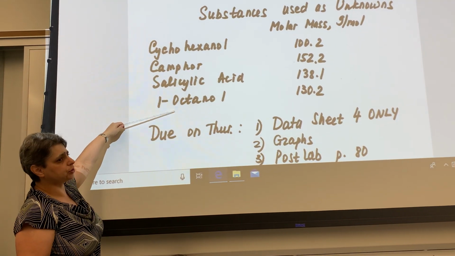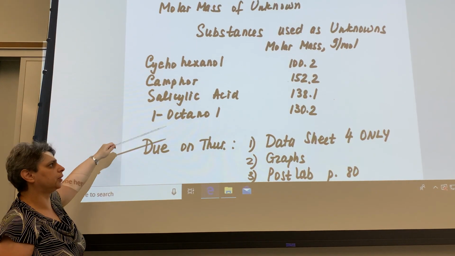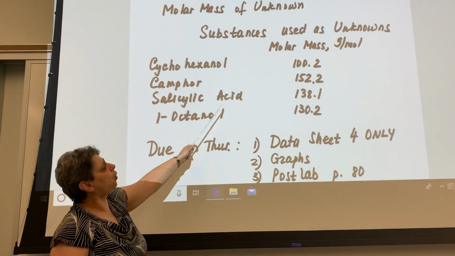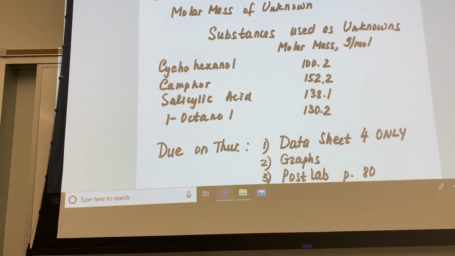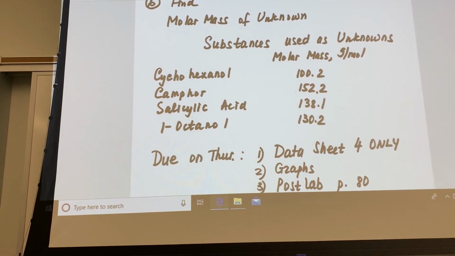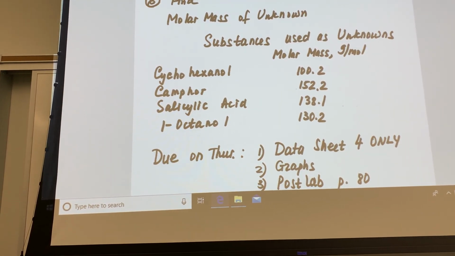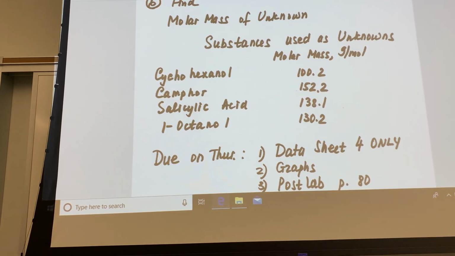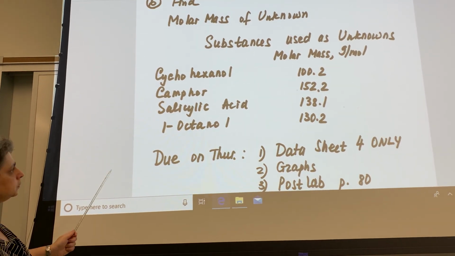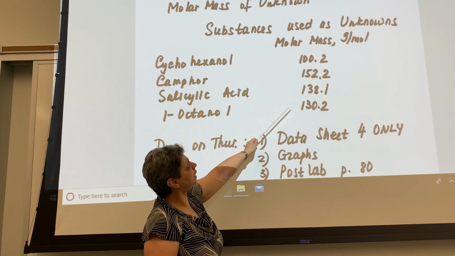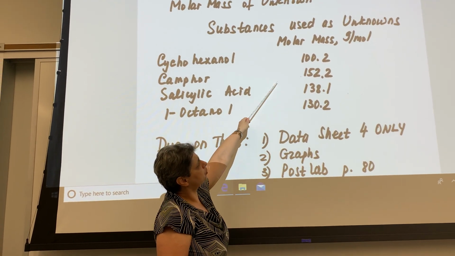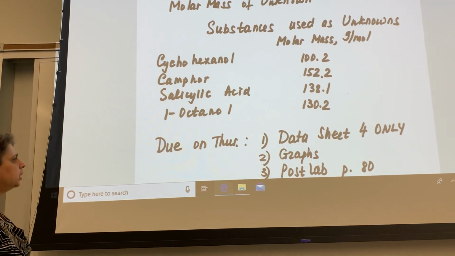They're scrambled, so they're not in order, they're numbered. And they give you all the actual or accepted values for molar mass. So what I'd like you to do for your post-lab is try to identify the unknown based on which molar mass that you find experimentally matches closest to one of these 4 values.